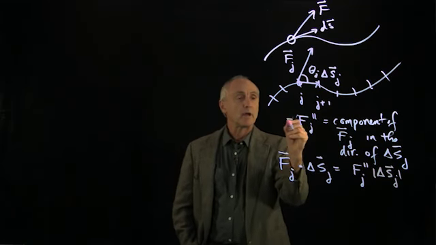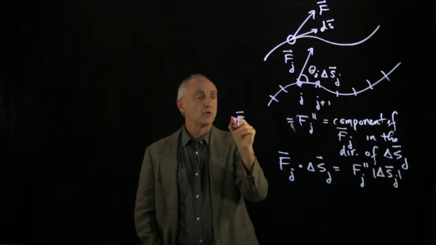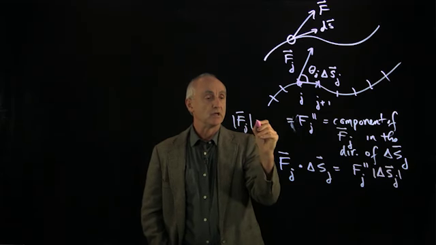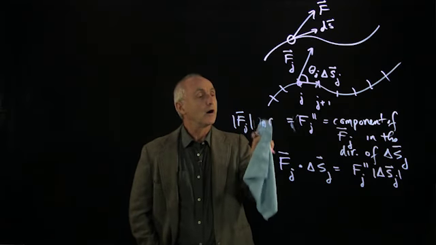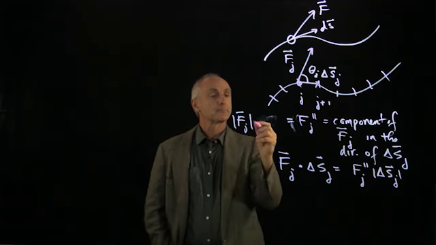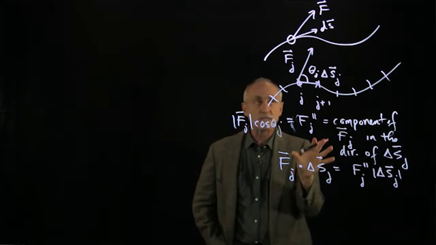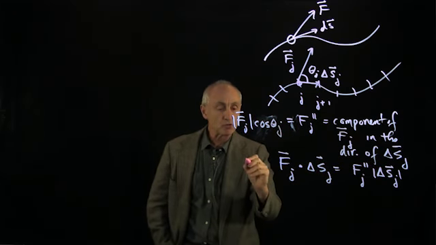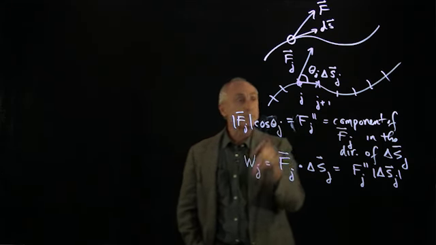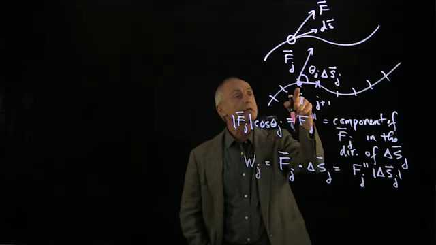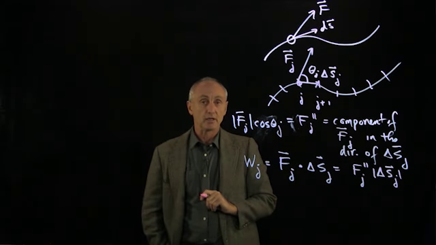And again, when we write that component in our notation, if we call this angle theta j, we know that that's the magnitude of fj times cosine of theta j. Now, because this is the amount of force in the direction of the motion, that's how we've defined work done, and we'll symbolize the work done in taking the particle from j to j plus 1 by the symbol wj.